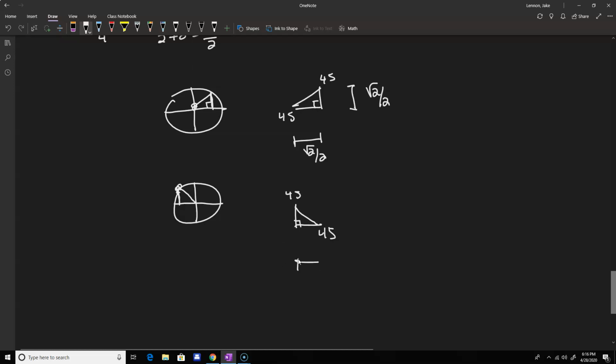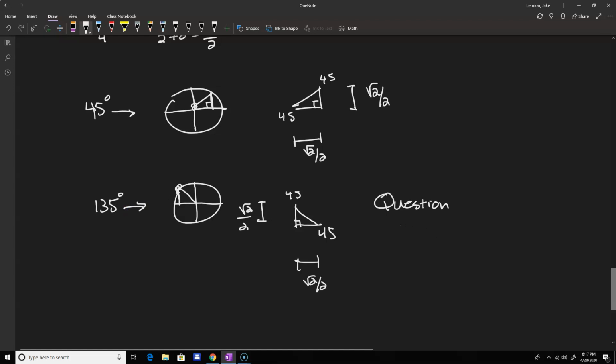And again, we're going to get square root of 2 over 2 for both of the side lengths. But now the question that remains is, so this was for 45 degrees, and this is for 135 degrees.